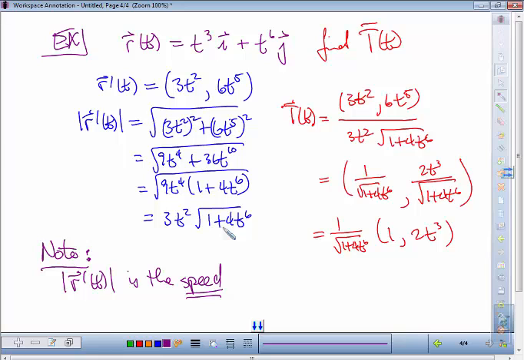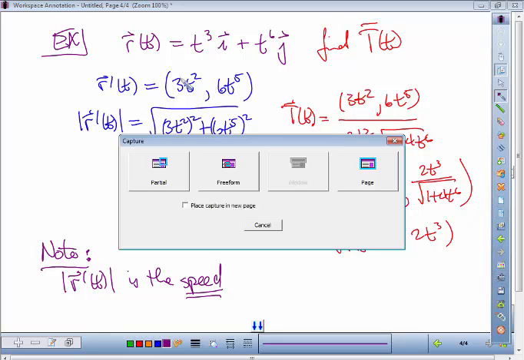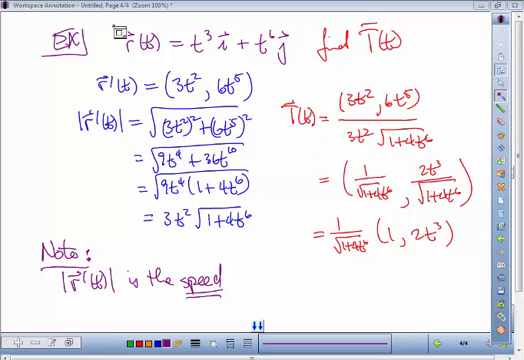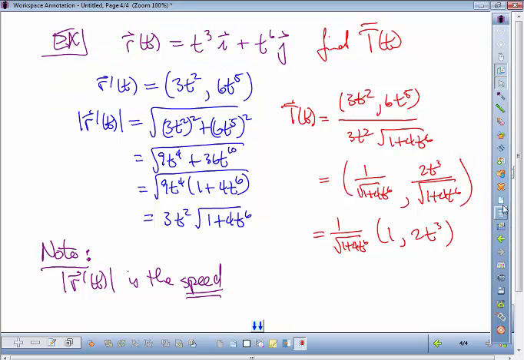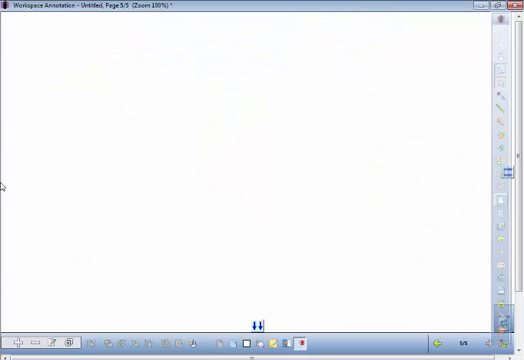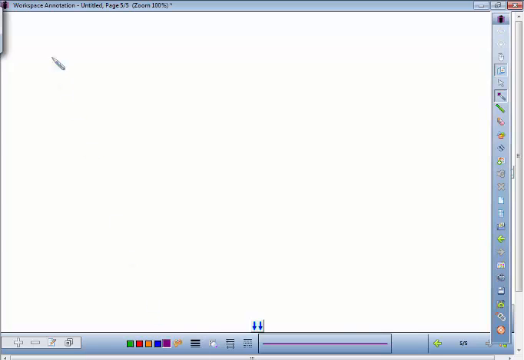All right, next thing I want to do is integrate. Let's do some integrals. So let's take the same example here and integrate this. So here we're talking about integrating vector-valued functions.